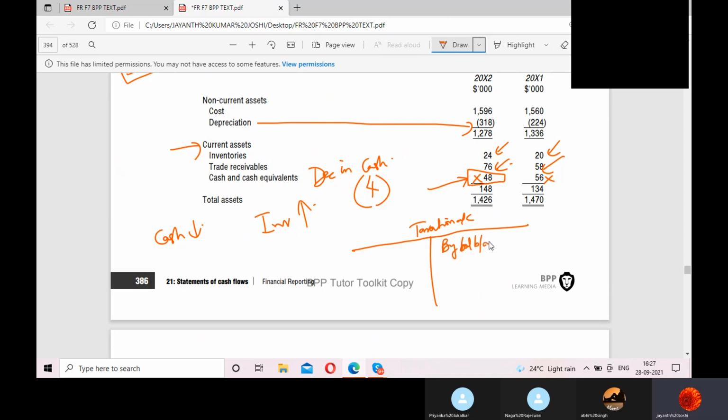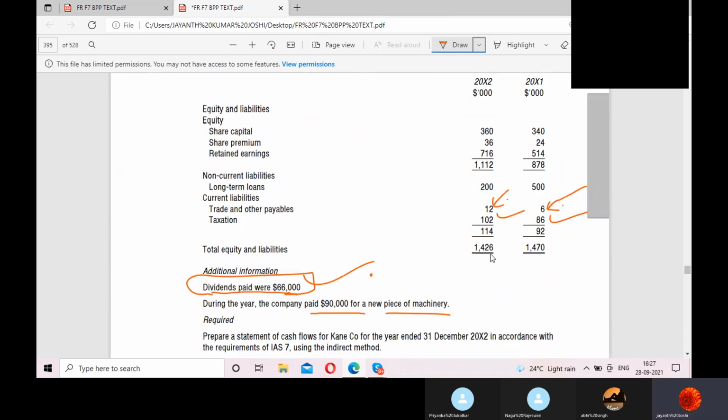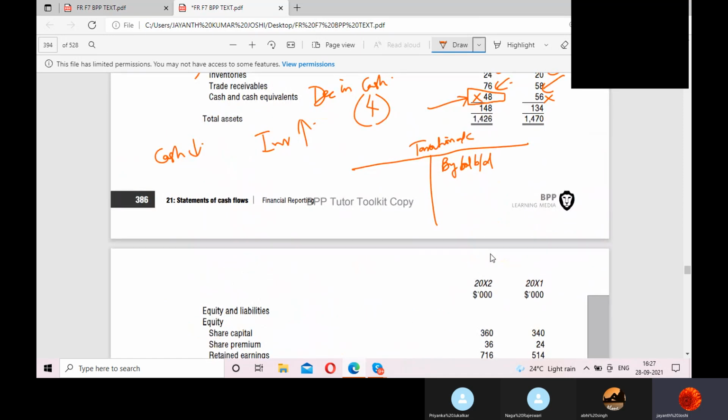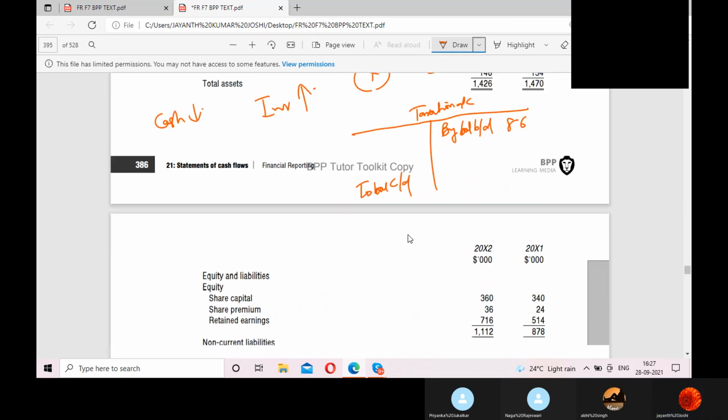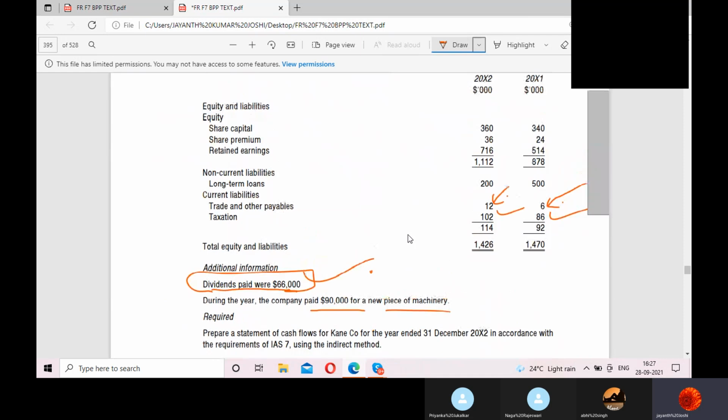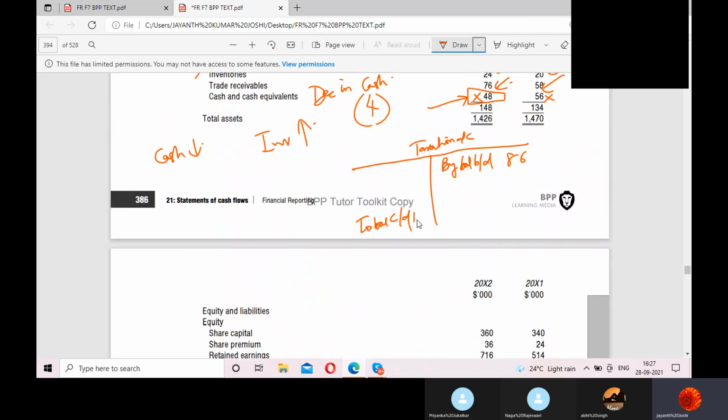It's a liability. Liabilities always show a credit balance. So 86. And then to balance carried down, we have 102.